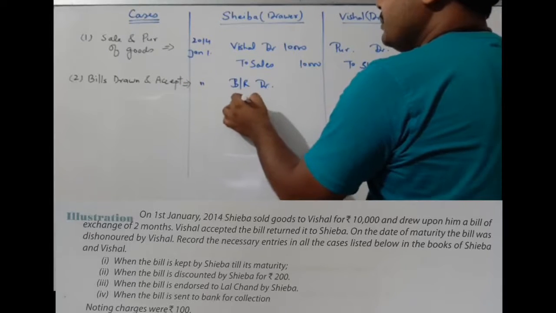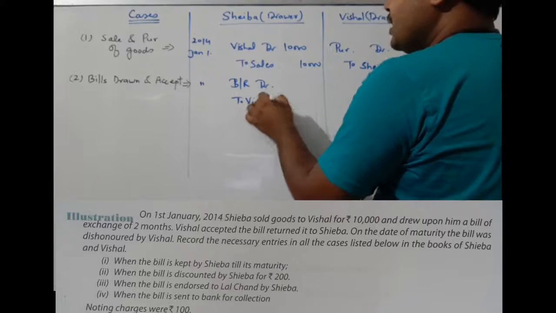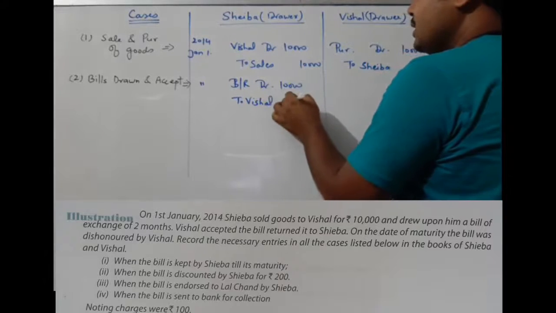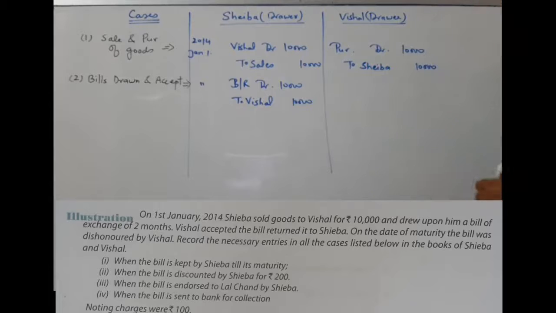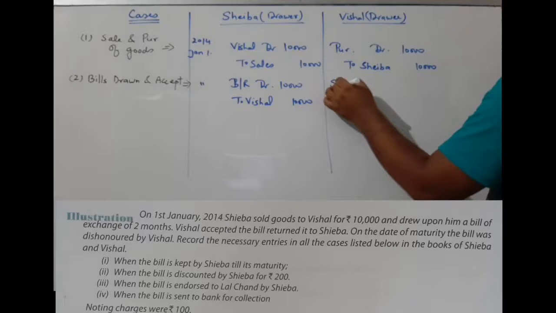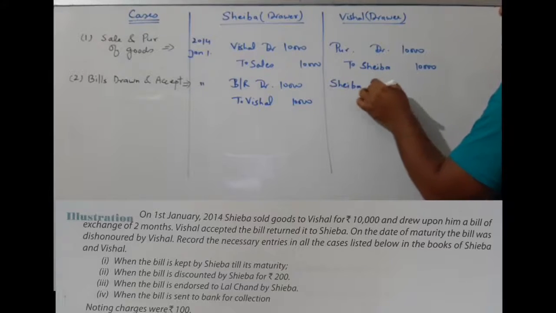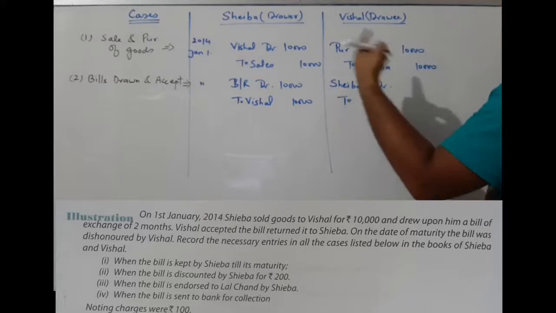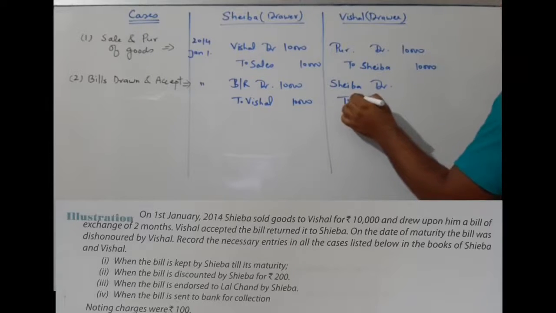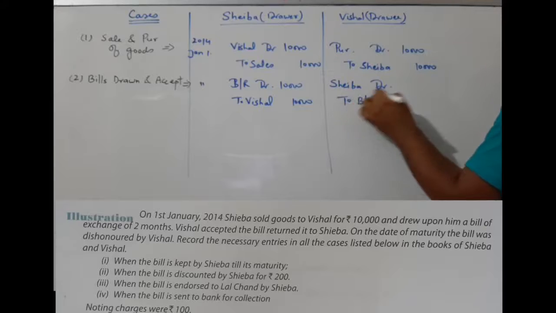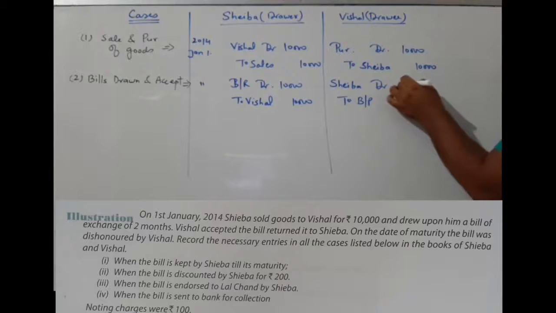So the entry will be bills receivable account debit to Vishal, rupees 10,000. And for Vishal, who accepted the bill and returned it to Saiba, the entry will be Saiba account debit to bills payable, that is 10,000.